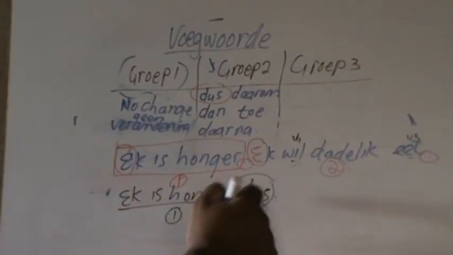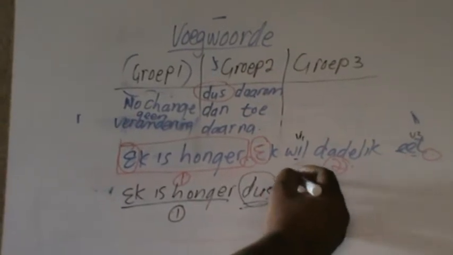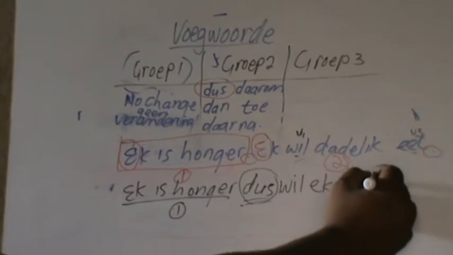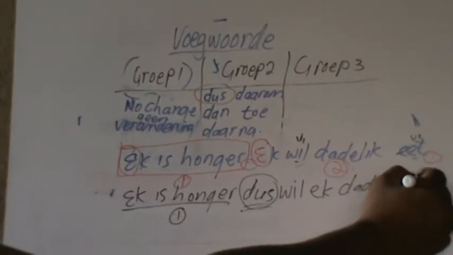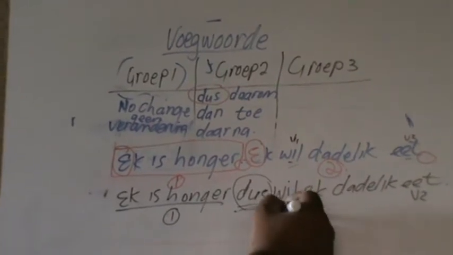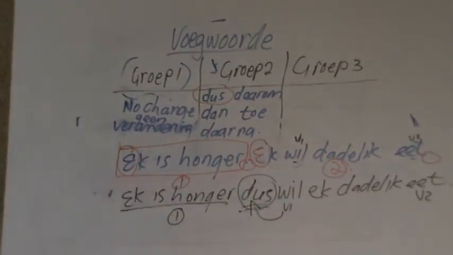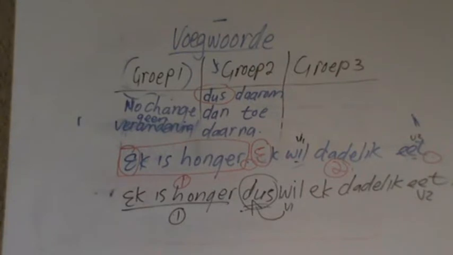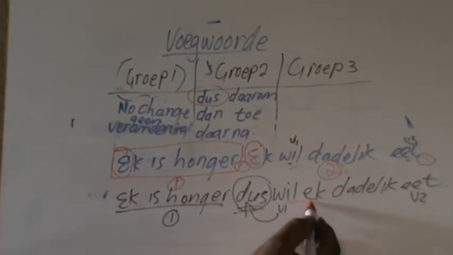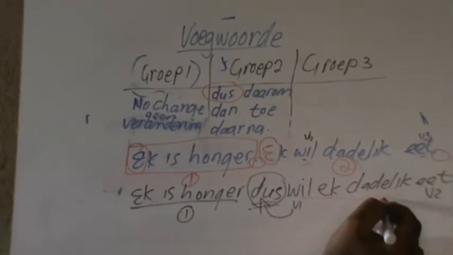Ek is honger, dis verb, and then our subject, ek dadelijk eet. Longer sentence, verb 2 at the end, and verb 1 directly after my conjunction. Can you see? Then there's no capital. This is my sentence 2.